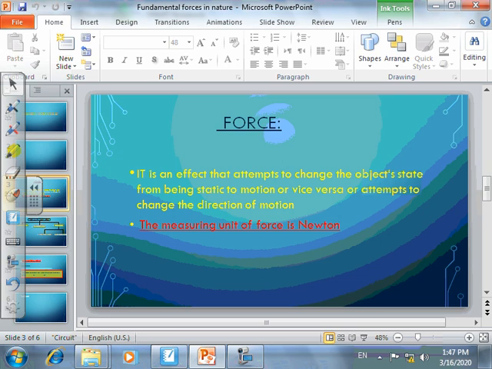What is the measuring unit of force? It's the Newton, as for any type of force. We have so many types of force in nature, such as lightning, thunder, magnetic force as a type of attraction force due to the presence of a magnet, or even the gravitational force, which is known as weight.